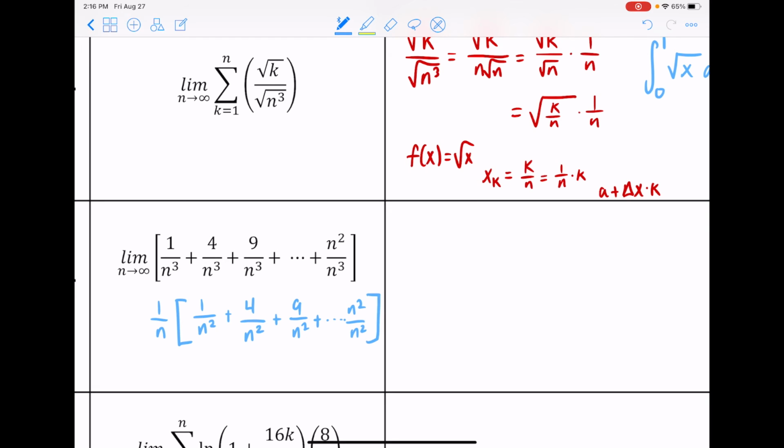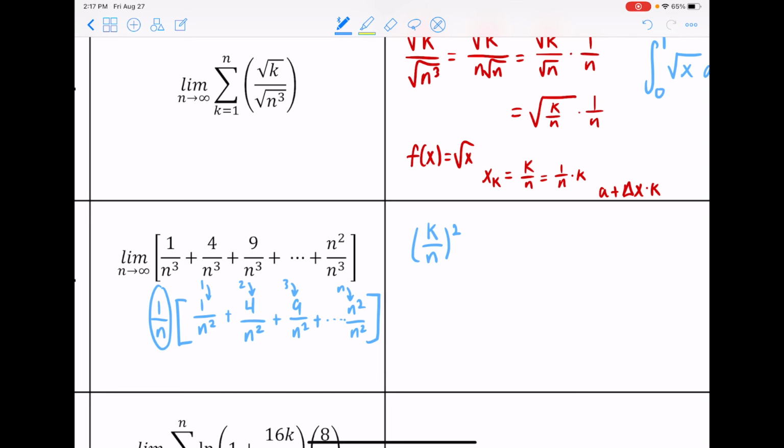So as a general rule, this is our first rectangle, second rectangle, third rectangle. First rectangle maps to 1, second rectangle maps to 4, third rectangle maps to 9, n rectangle maps to n squared. So what we've got is our k, whatever number we happen to be on, over n, and we are squaring that. That's how we're getting these terms right here, okay?